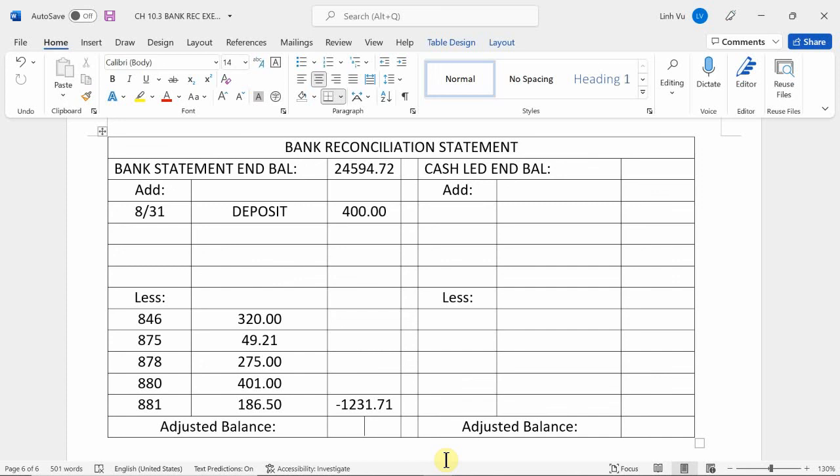What did you start with in the bank? How much was your ending balance in your bank account? Ending balance, 24594.72. Okay. I need to add $400 to that.